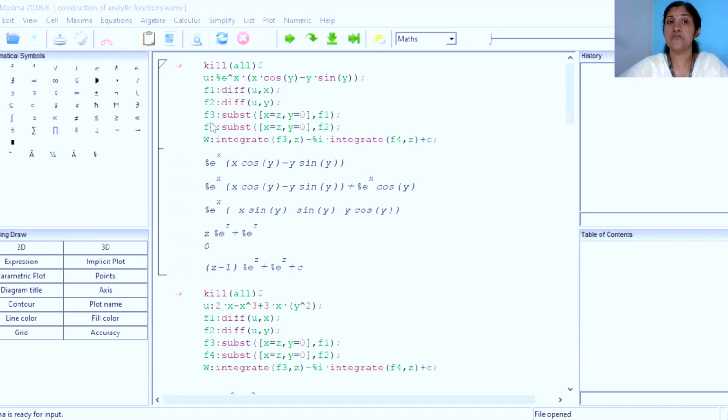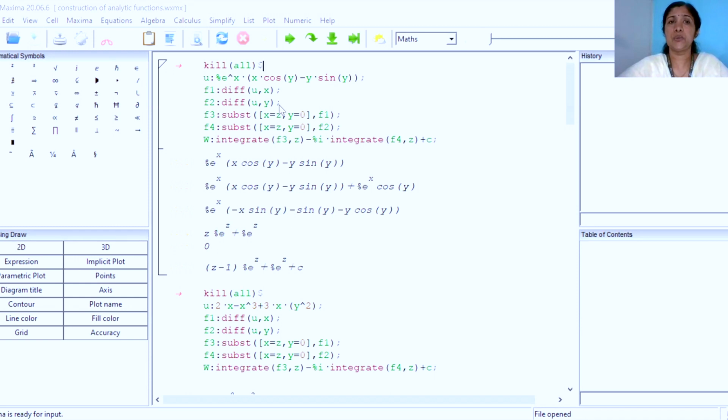As of now, we have only one variable, x is equal to z. Y we have made it 0. So we have already applied the Milne-Thomson method. So what we further have to do is integrate the two terms. So we integrate the first term, that is F3, with respect to z minus, if minus is given in the question, we integrate F4 with respect to z to get the solution.